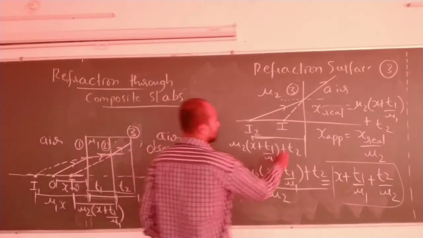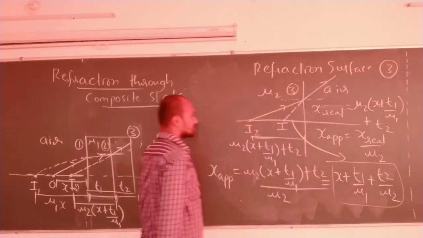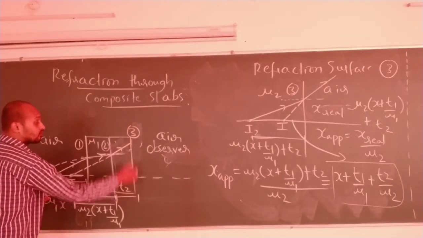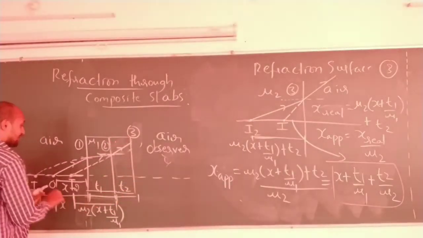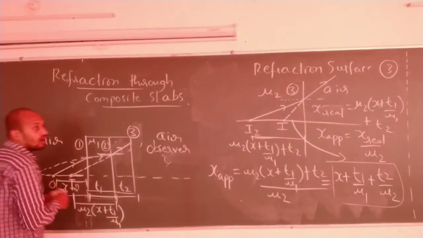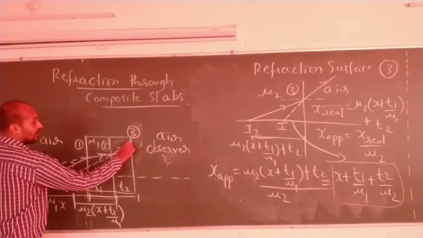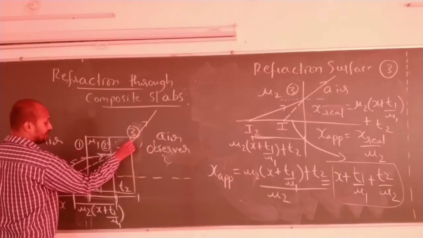So this distance is how much? This distance. Now real depth minus apparent depth. If I want to do real depth minus apparent depth for this surface, for this surface, only focus on object O, then focus on I. Now again it is going to get refracted like this.